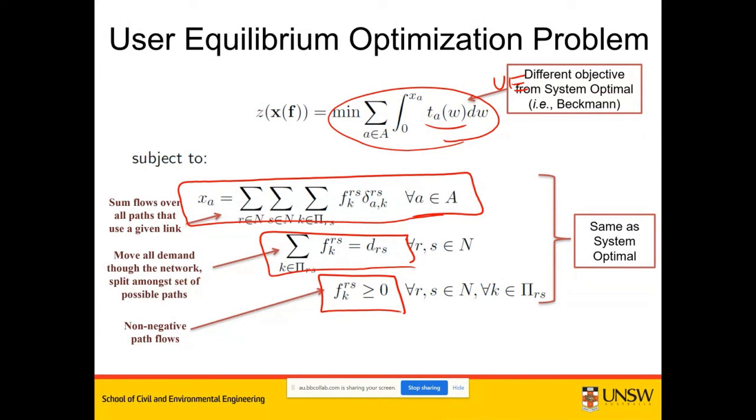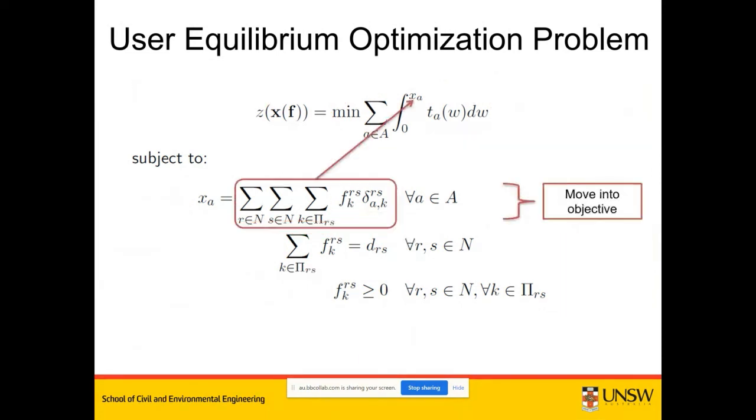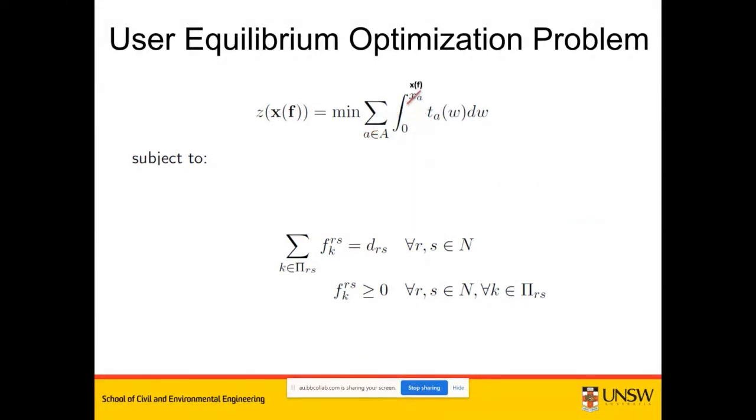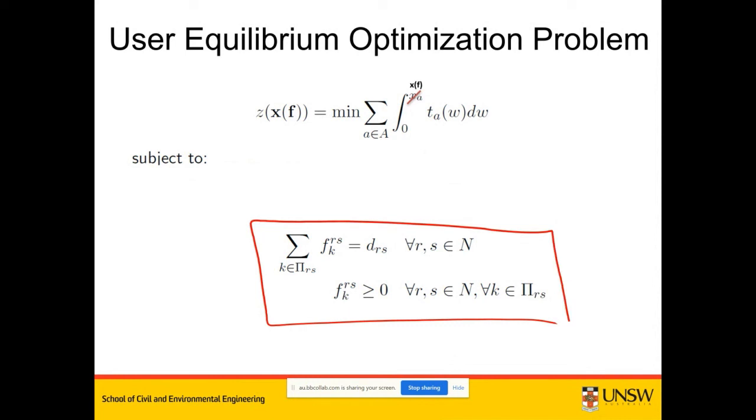So what I'm going to do next after we finish the class is talk again about this optimization formula, the UE optimization formula, and then show you how you can reformat this a little bit, like bringing this xa into the objective function, so you are only left with these two constraints, where you have a linearity constraint and also a non-negativity constraint.